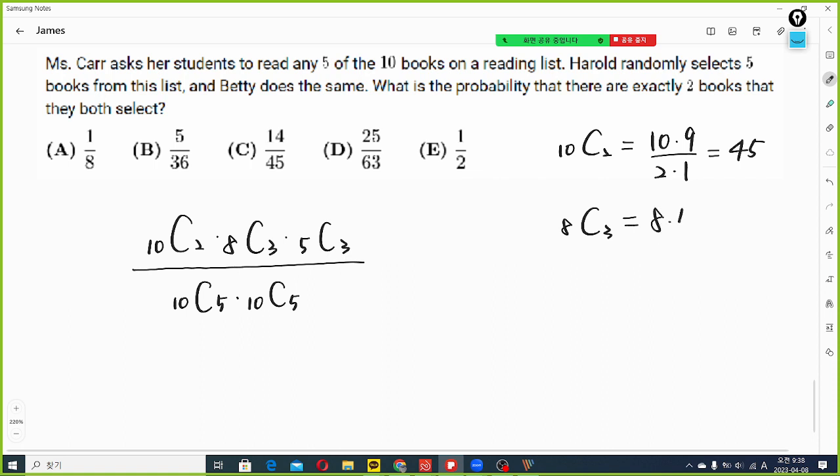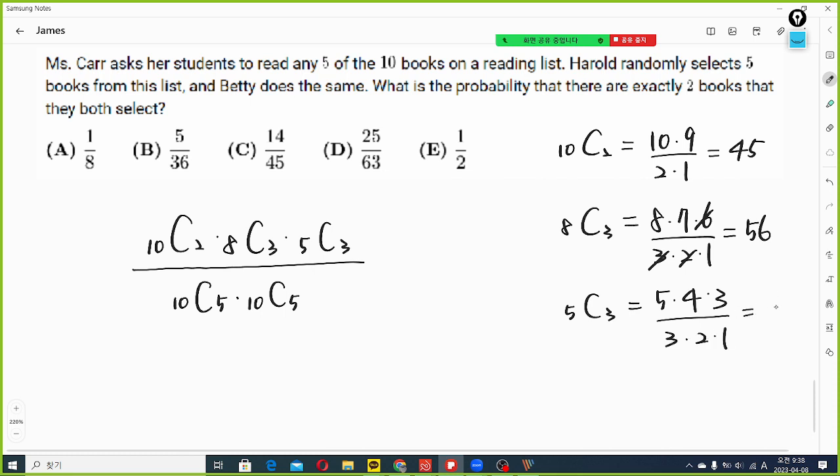So 8 times 7 times 6 divided by 3 factorial, 3 to 1. So 6 cancels, and that makes 56. And 5C3, once again, we multiply 3 numbers starting from 5 downward. That makes 10.